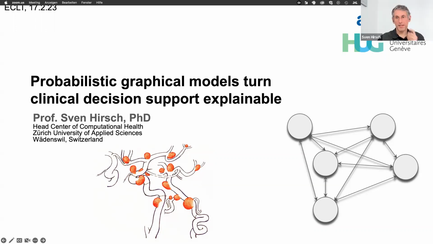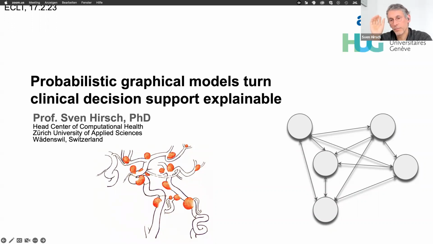Okay. All right. Then thanks a lot again for the introduction. My name is Sven Hirsch. I'm from Zurich, and there I work as a physicist, in the interaction between medical models and data. What we've been specifically interested in for the last 3 years is probabilistic graphical networks, also called Bayesian networks.